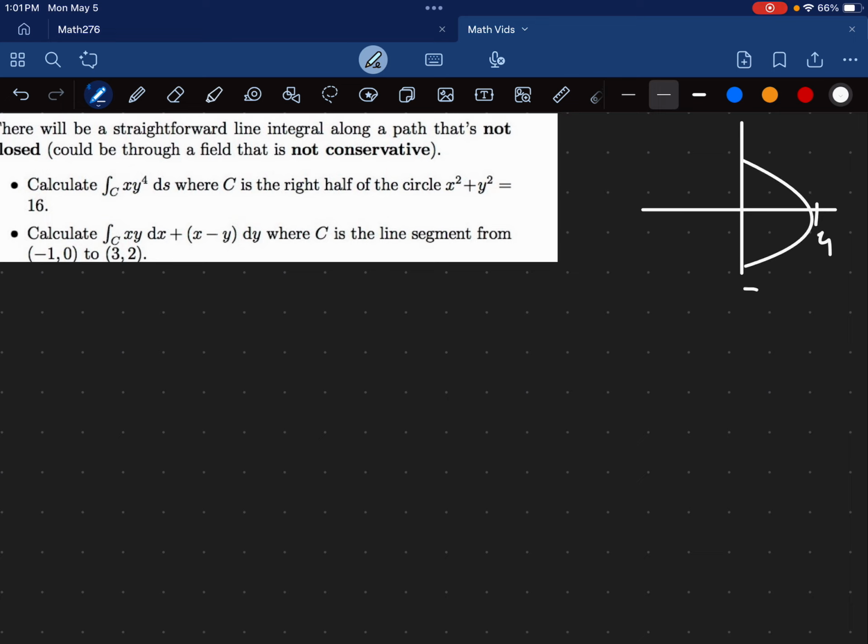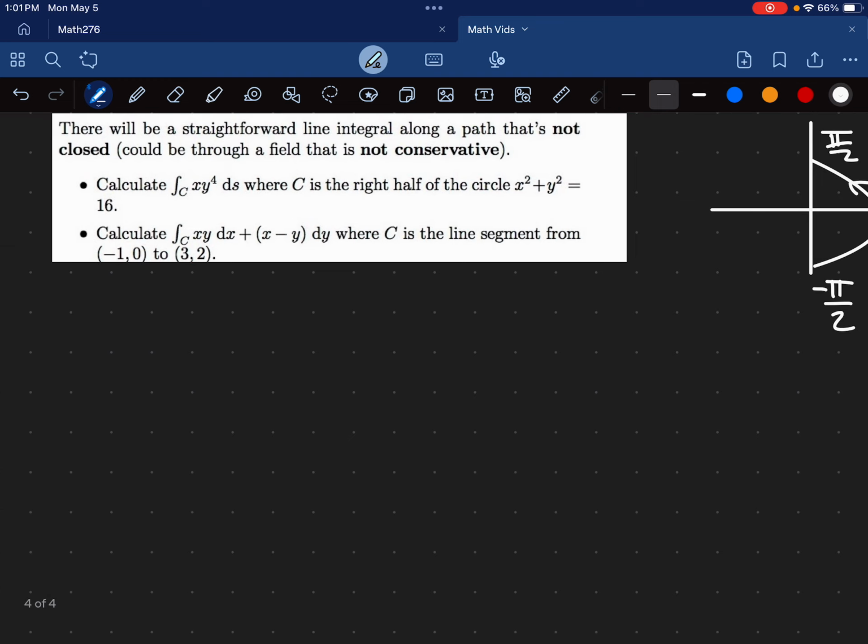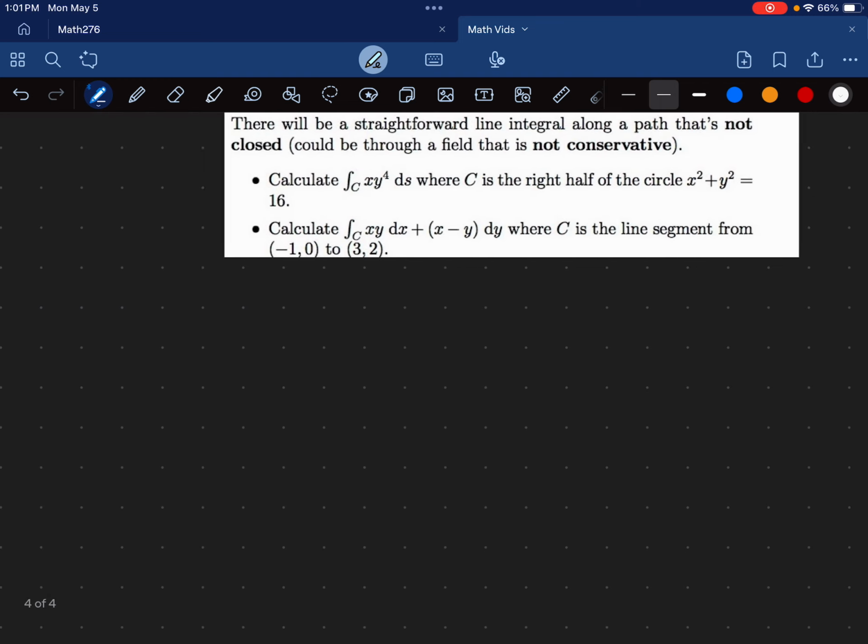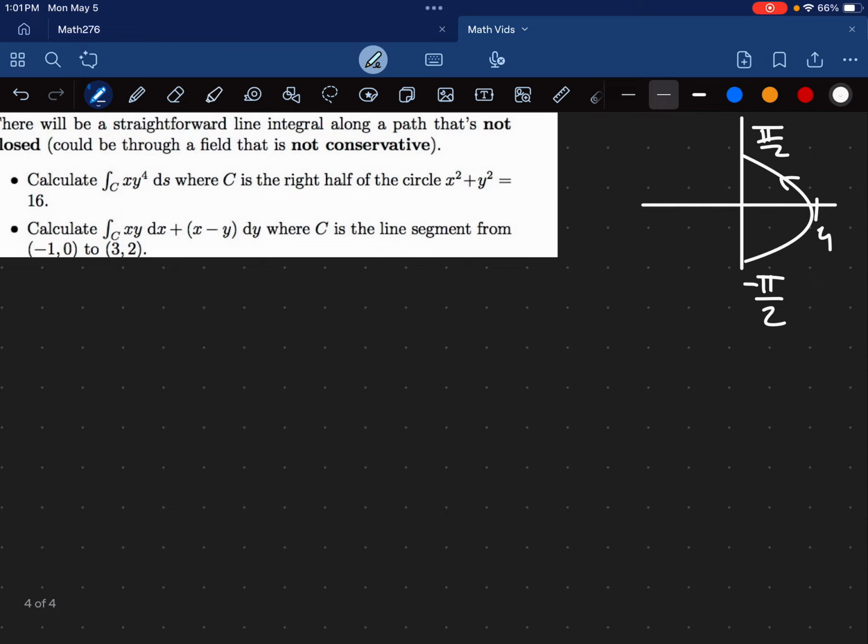It's not a very good circle, and we know these values go from negative pi over 2 to pi over 2, and I'm going to state that we're giving it the conventional positive orientation. And now we have to come up with a parameter for a circle.